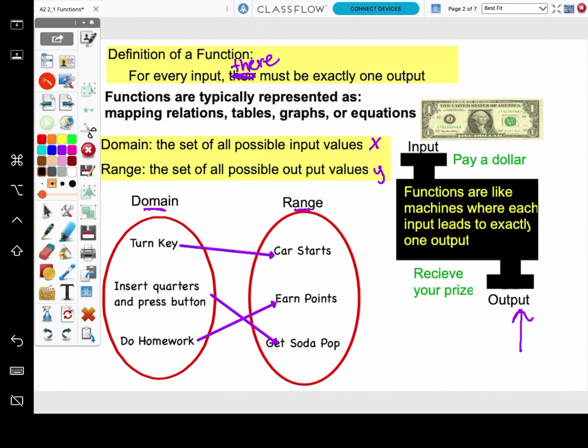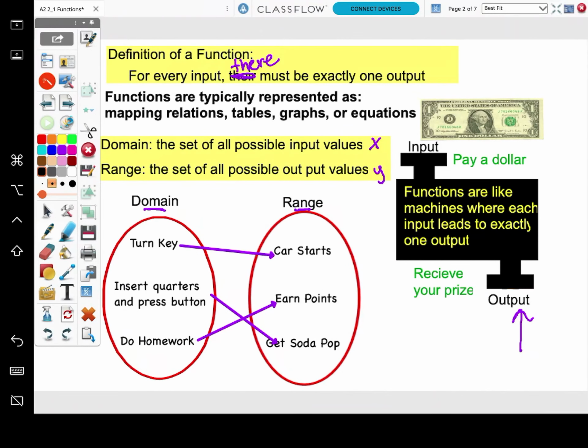Okay, mapping relations. Let's look at these two mapping relations and determine which one represents a function. So remember, our definition for function is every domain or input has exactly one output. So check that out. Which one do you think? I bet a lot of you said A was probably a function. So let's see.